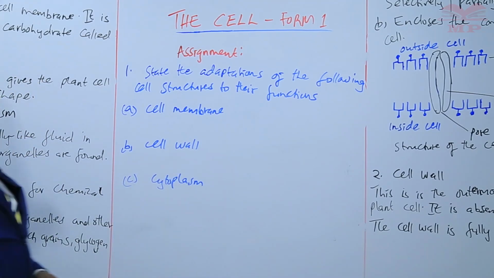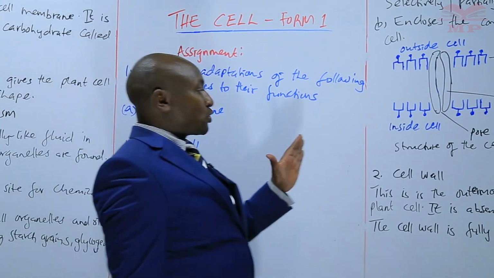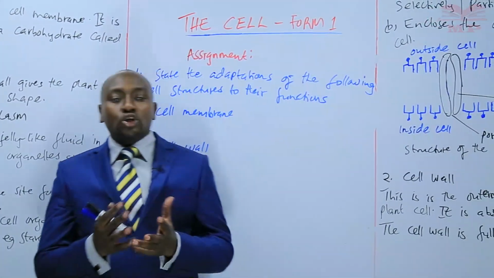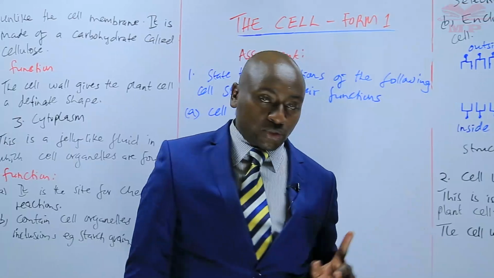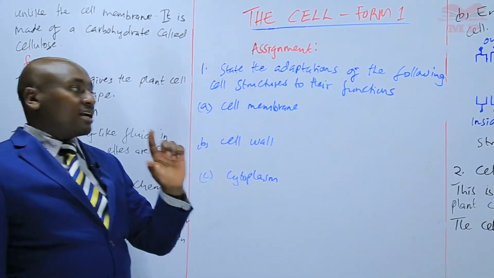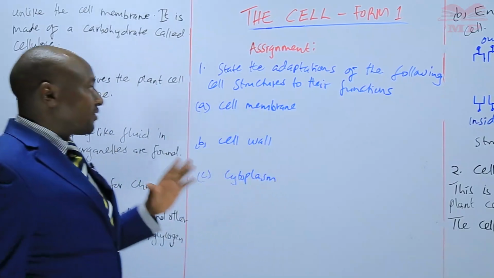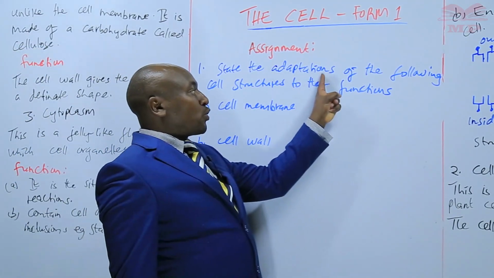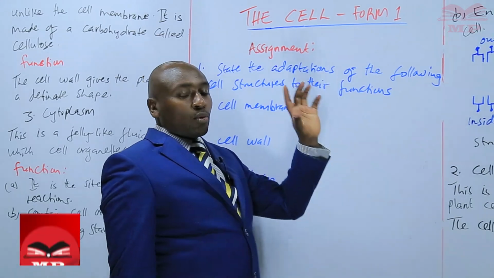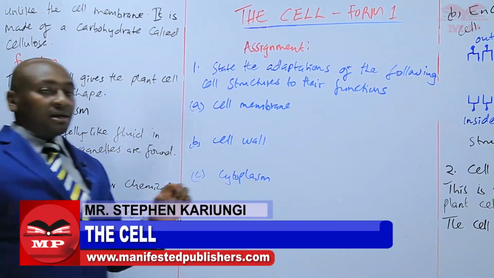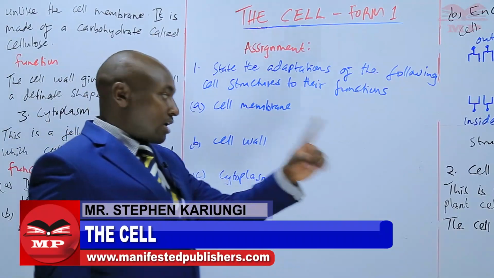When you're told to state the adaptations, you mention the structure, how it is modified to perform a certain function. So structure, modification, and function. So there are 3 things that are required when you are answering a question on adaptations. Any question on adaptations, you need to mention the structure, its modification, and function.